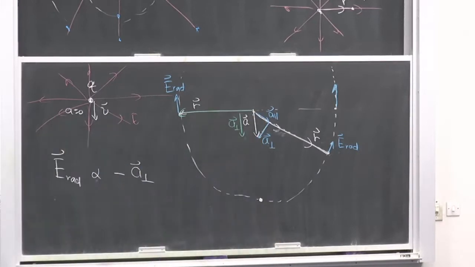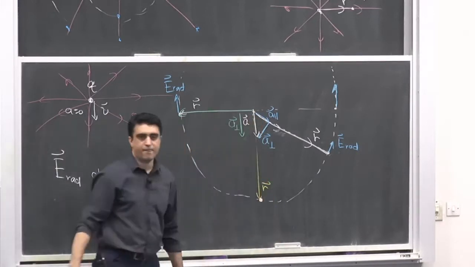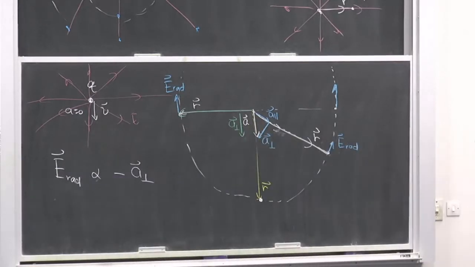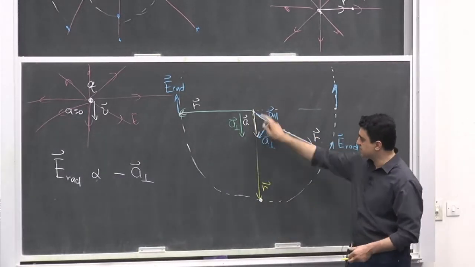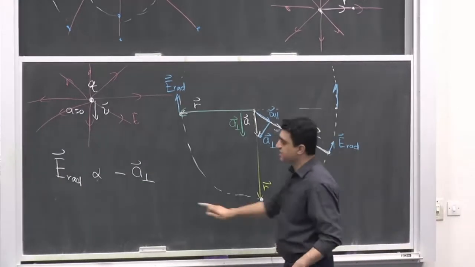Okay, what would happen afterward? Let's say at a later time when there is no acceleration at all. So this charge is moving with a constant velocity v. What would happen to the field then?